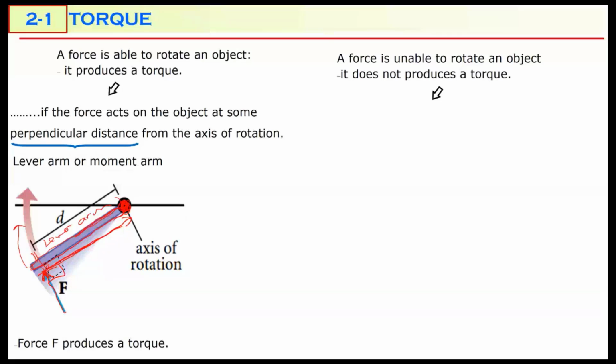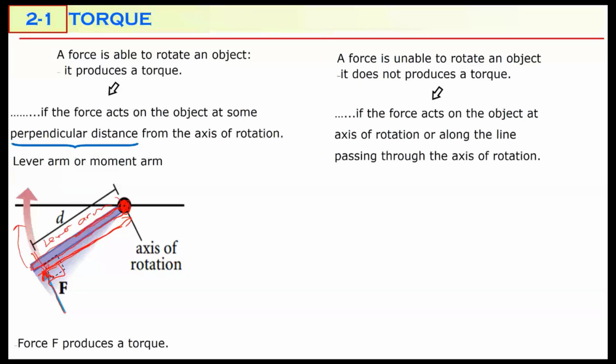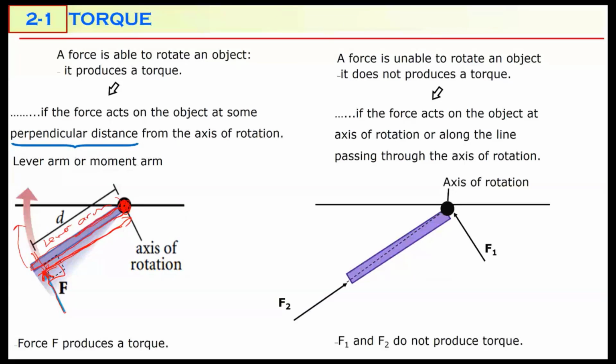But a force is unable to rotate an object, meaning it does not produce a torque, if the force acts on the object at its axis of rotation, or if it acts along a line that passes through the axis of rotation, like this. So this is the axis of rotation. Now you are pushing the object at its axis of rotation. This force cannot rotate the object. Or a second force, F2.